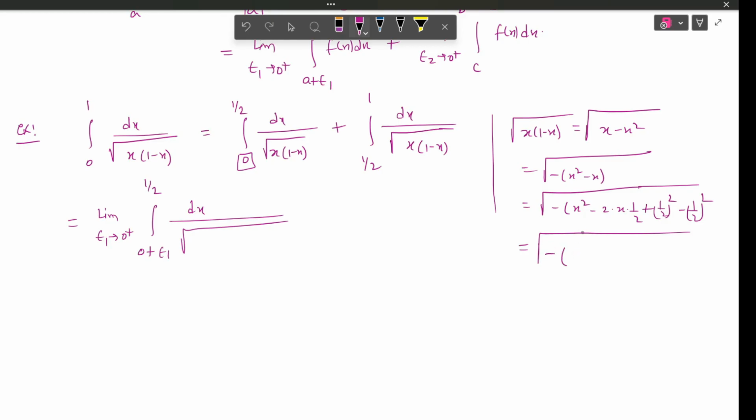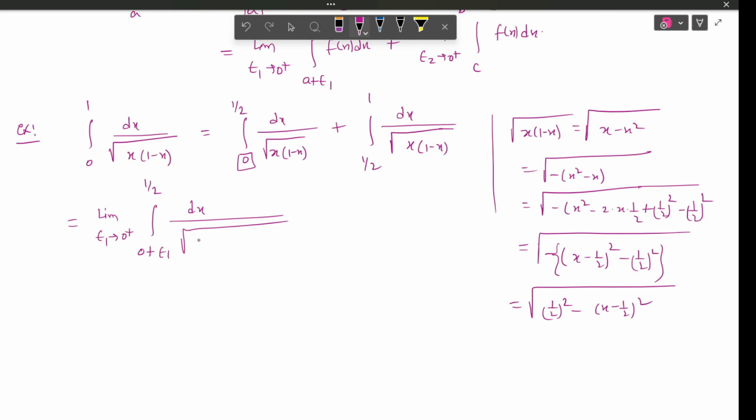So it will be minus, it is a square minus 2ab plus b square, so it would be a minus b whole square. This is minus half square. So it would be square root of, if you multiply it by minus, it would be half square minus x minus half square.